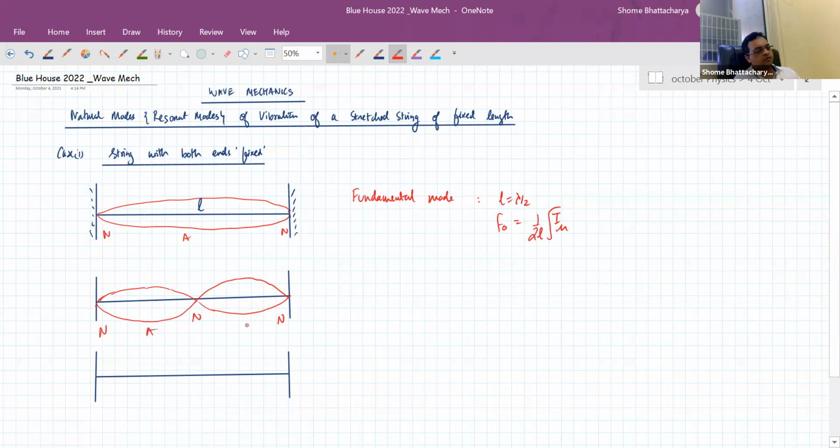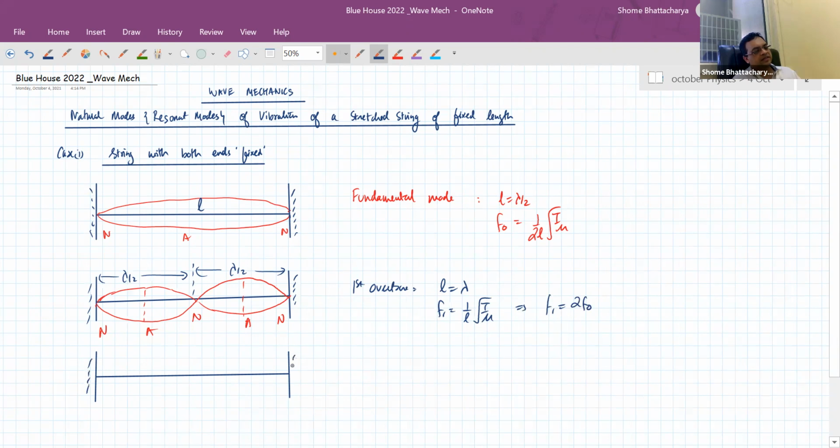So there are 3 nodes and 2 antinodes. The distance between consecutive nodes is lambda by 2, as you've seen in the standing wave pattern. So here in the first overtone mode, L becomes lambda. So the frequency of the first overtone becomes double the frequency of the fundamental.